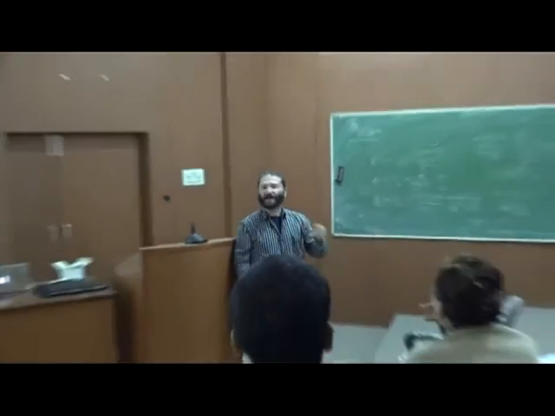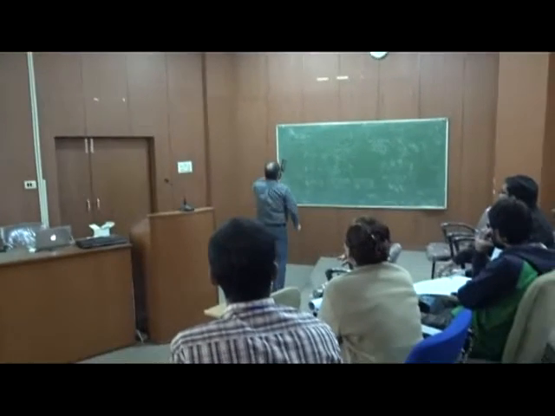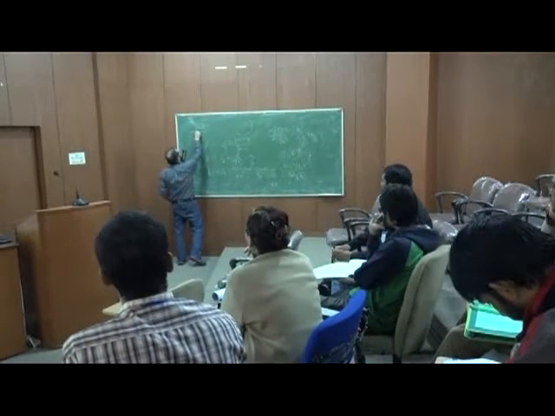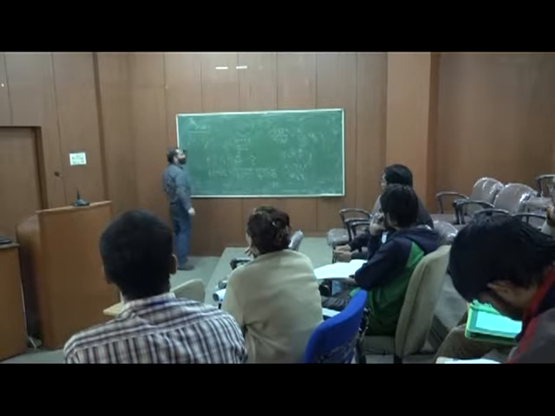How do you call this? Arc length. It's the arc length. So you need to know how the metric is changing everywhere.